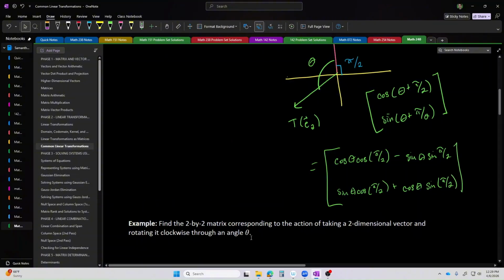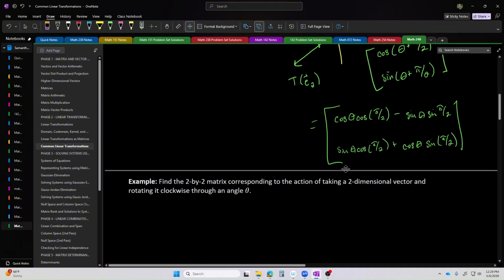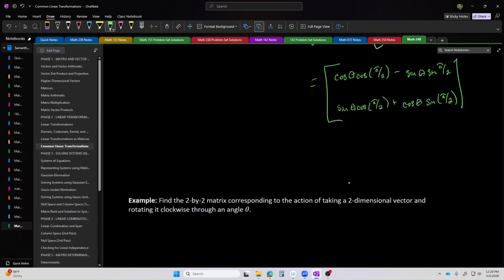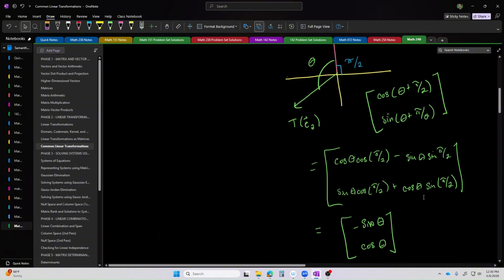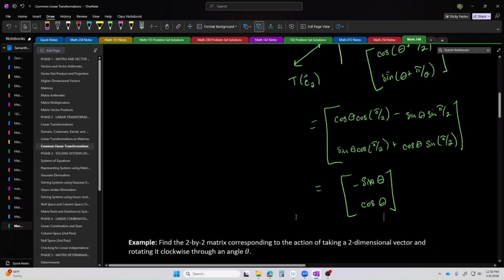Now, sine of pi over 2 is 1. Cosine of pi over 2 is 0. And if I use that in the simplification, I get a result of negative sine theta, and I get cosine theta. So this would be, after simplification, what results when we apply this transformation to the second standard basis vector.